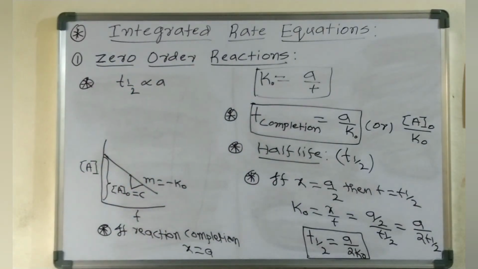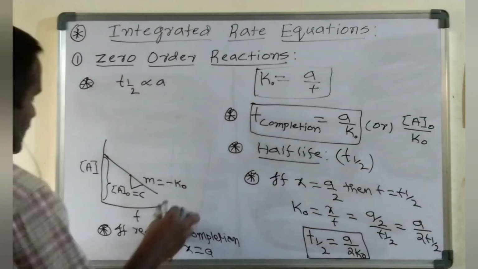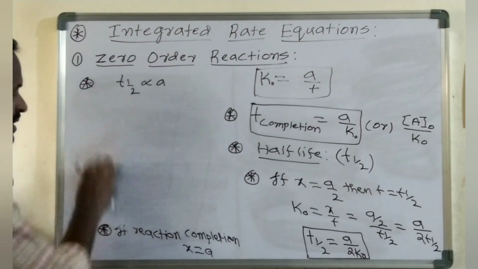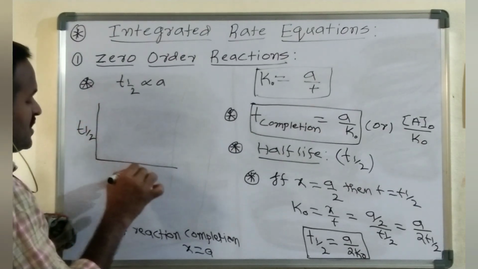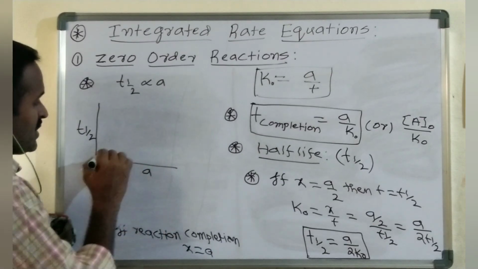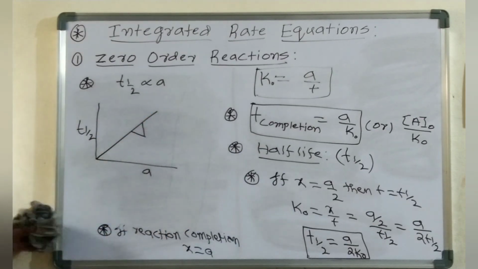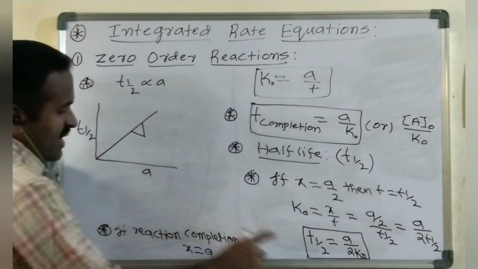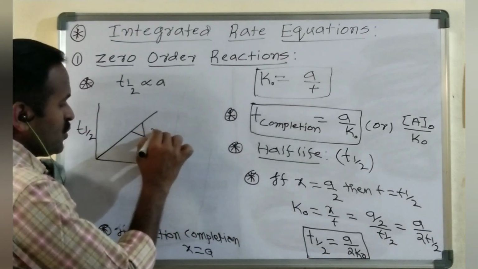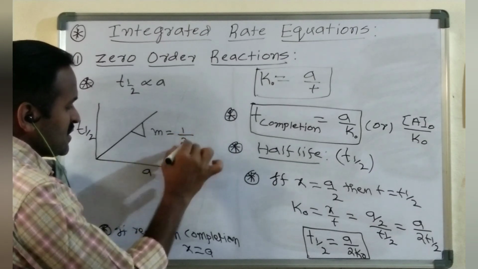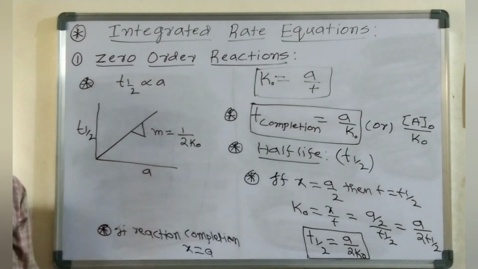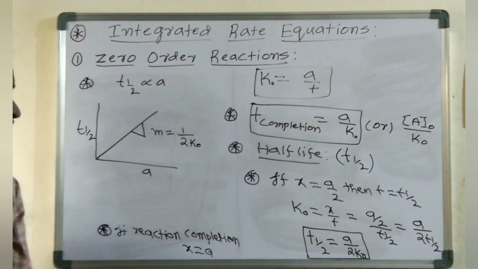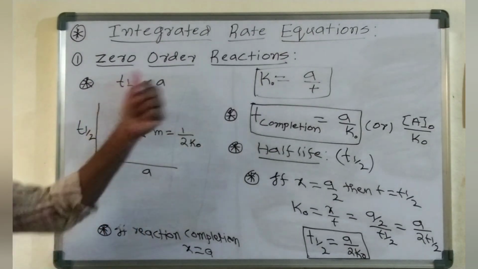If you plot a graph between half life and initial concentration, taking t half on the y-axis and initial concentration on the x-axis, you will get a straight line with slope m equal to 1 by 2k naught. From this we can also find the zero order rate constant. So this is the zero order reaction integrated rate equation.